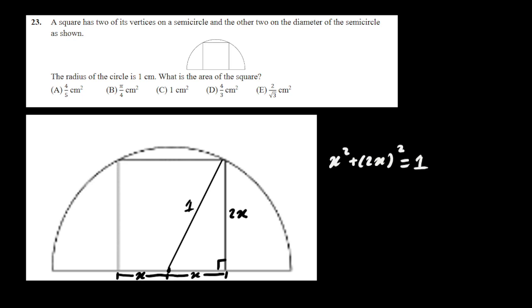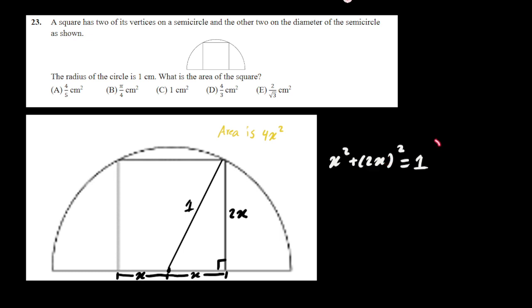And finally, let's define what the area of the square is. Since one side of the square is 2x, the area of the square is (2x) squared, or 4x squared, which is basically just this squared.